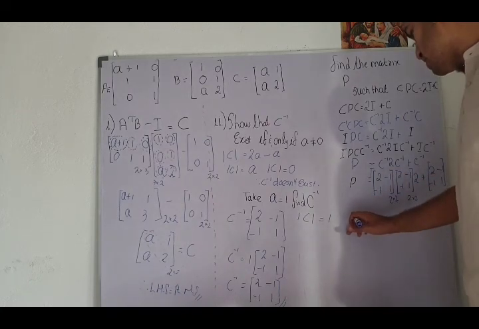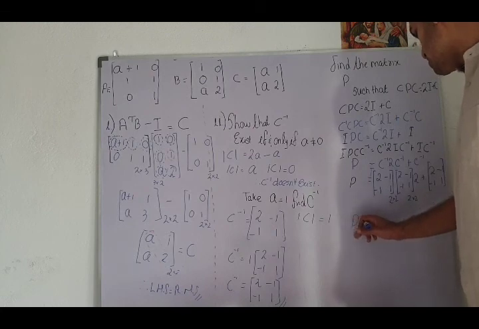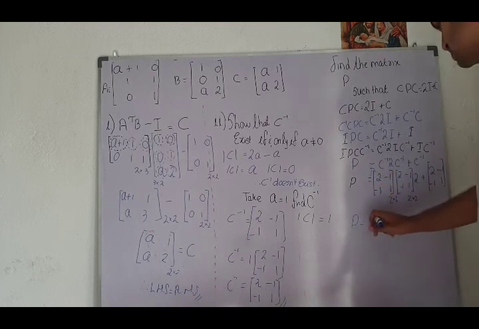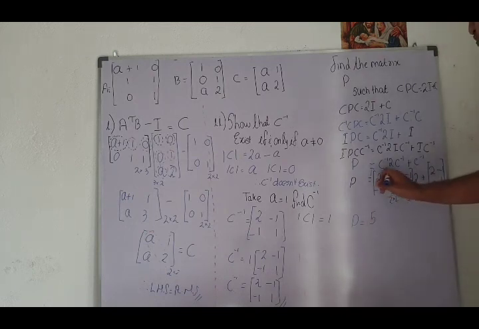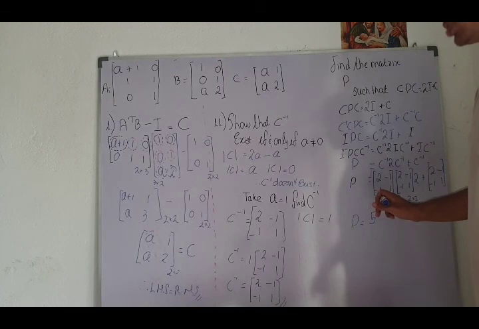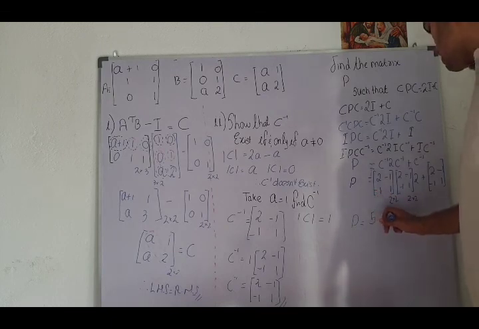So therefore we have P here again, and the next thing: 2 into 2 is 4, minus 1 into minus 1 is positive 1, so 5. 2 and minus 1, 2 and minus 1 is minus 2, minus 1, so minus 3.